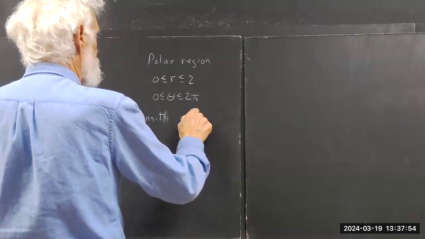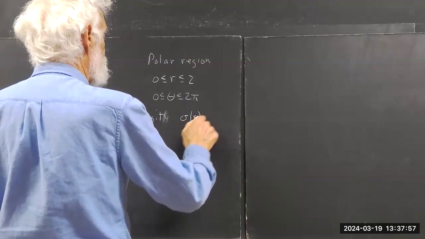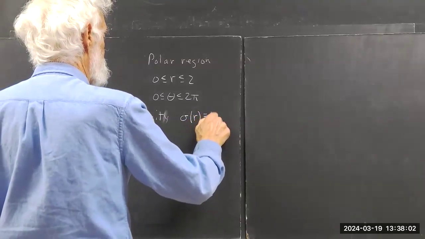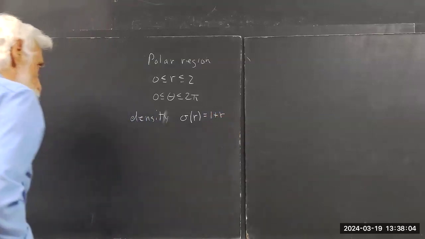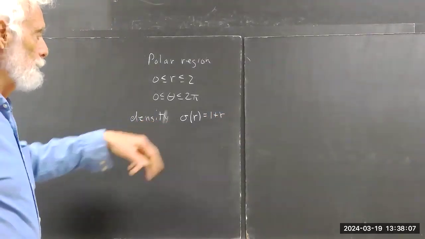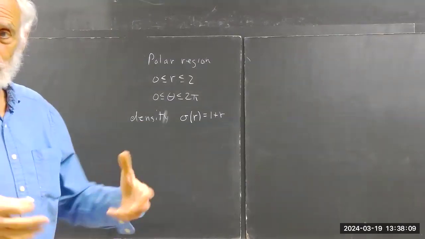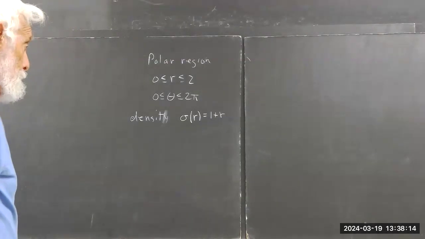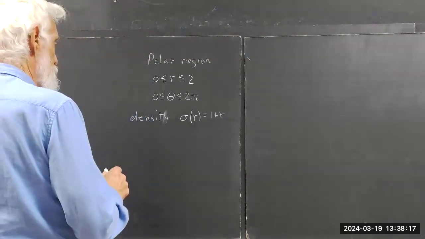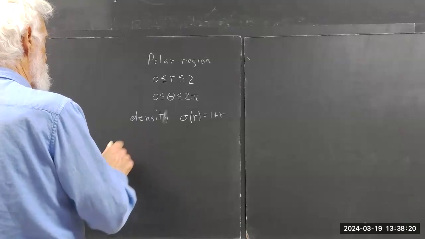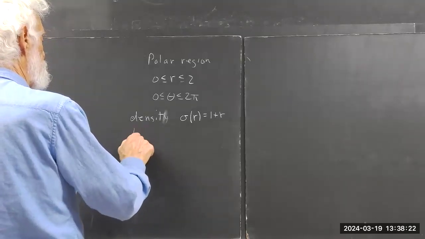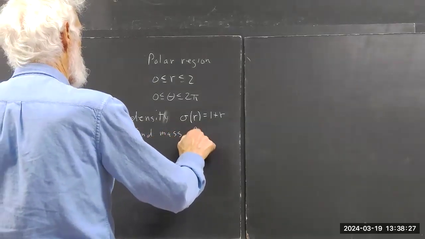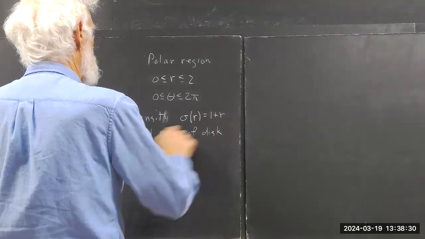Anyhow, okay. So I'm going to let sigma of r be like a surface density. But the idea is we just multiply sigma of r times an area and we get the mass. Okay.